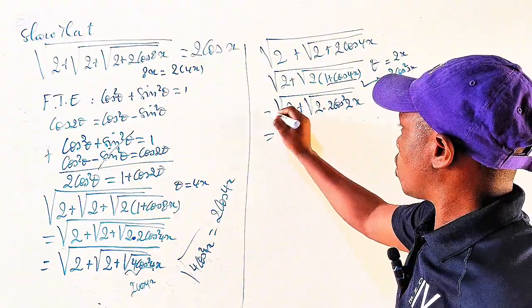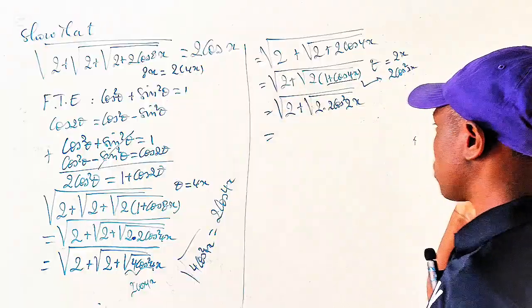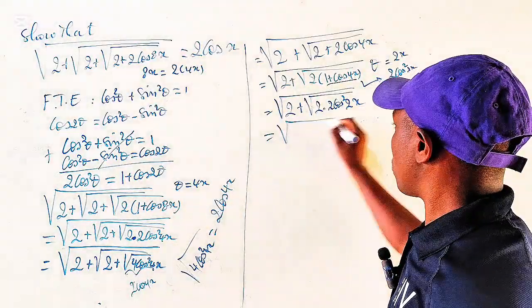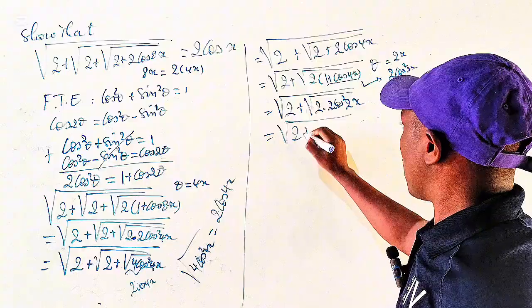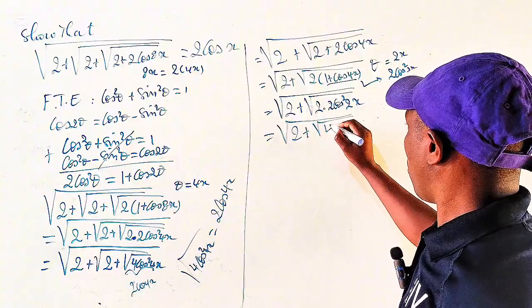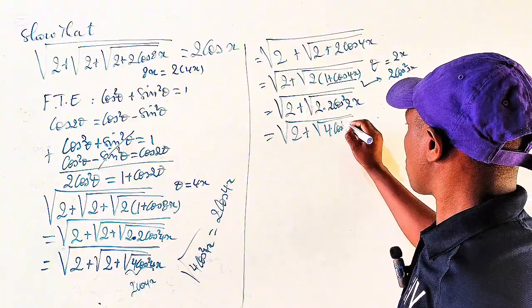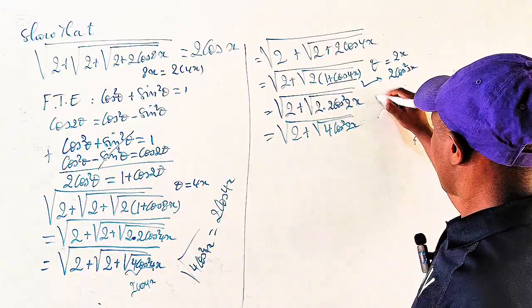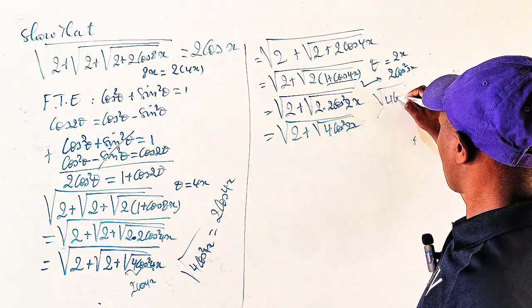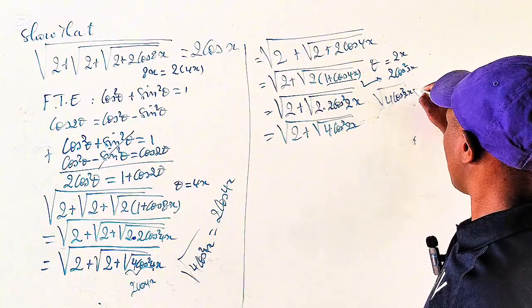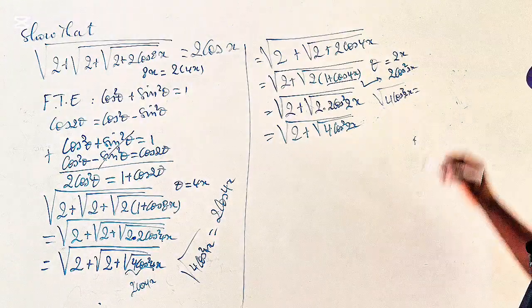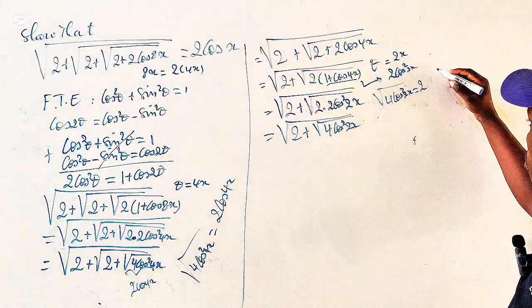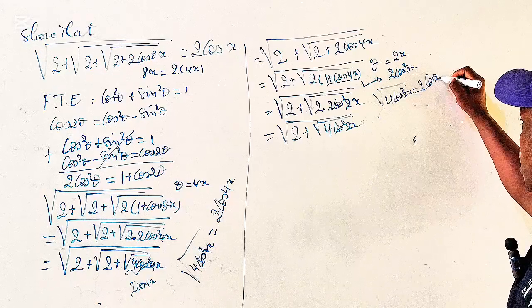Here we multiply 2 times cosine squared of 2x. This is equal to the square root of 2 plus the square root of 4 times cosine squared of 2x. Now, the square root of 4 times cosine squared of 2x is equal to 2 times cosine of 2x.